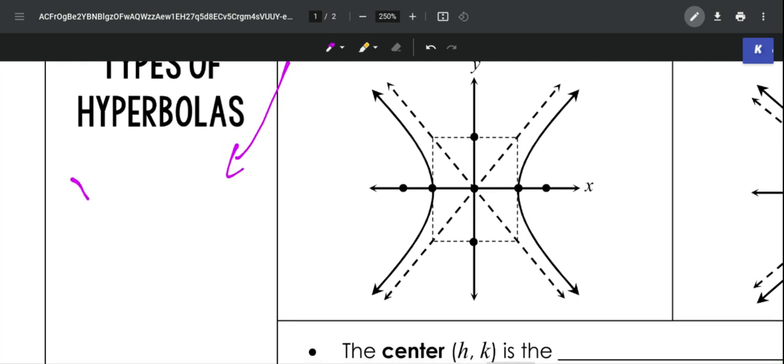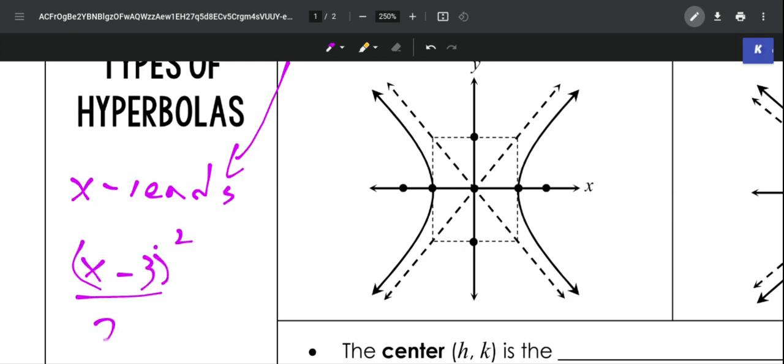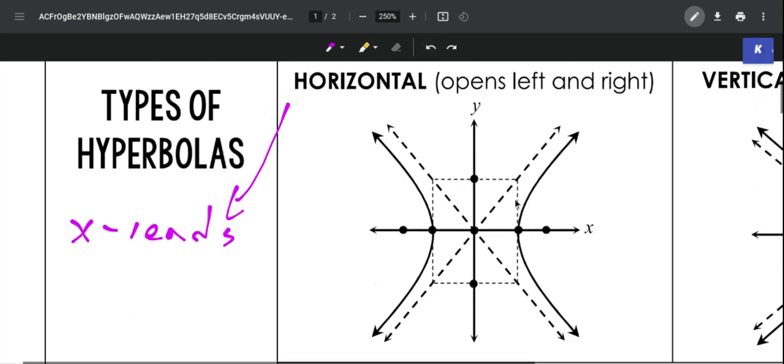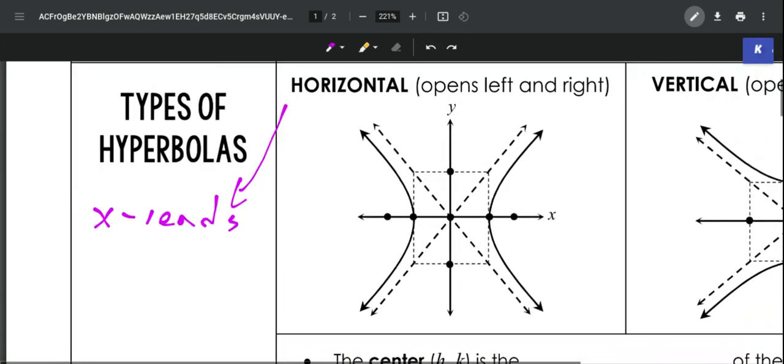If x leads, meaning that if you have like x minus 3 squared over 4 plus everything else, x is in the first term. So that's what it means when I say x leads. If x leads, then we have a horizontal hyperbola. It'll open up on the left and right.